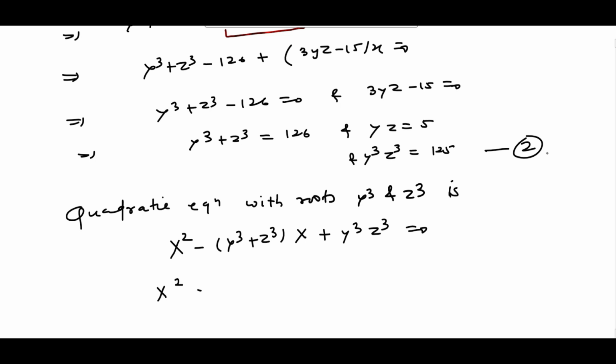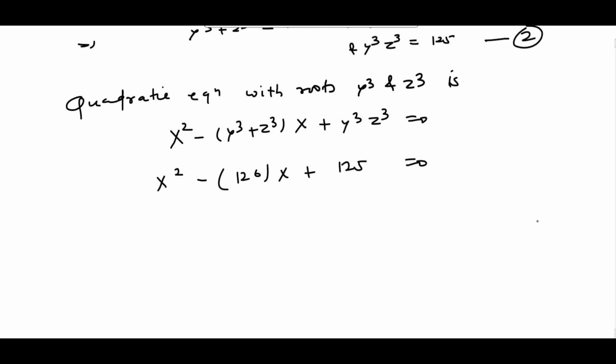That is capital X square minus the sum of roots, that is 126 multiplied by X, plus the product of roots, that is 125, is equal to 0. So we can write here capital X square minus 125X minus X plus 125 is equal to 0.